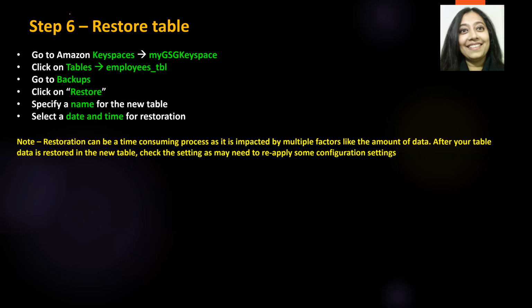Step 6. In this step, we will learn how to restore a table. Let's assume that you accidentally wrote something in your table, and maybe there are multiple writes. Now you want to revert the state of your table to what it was sometime back.